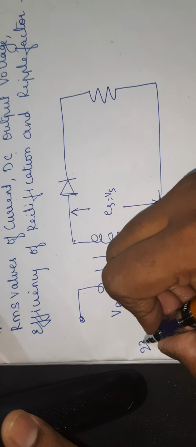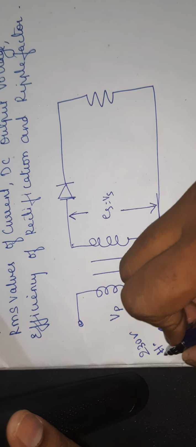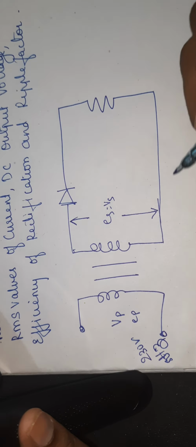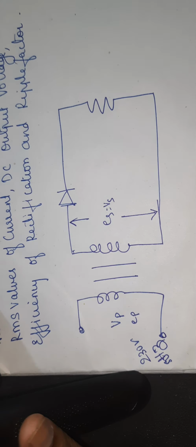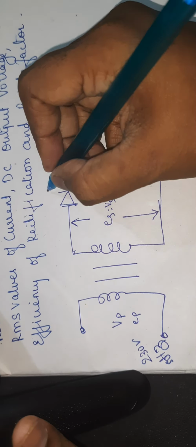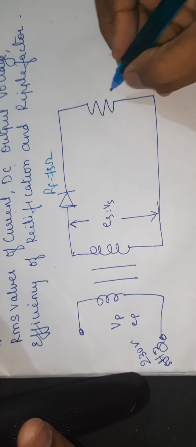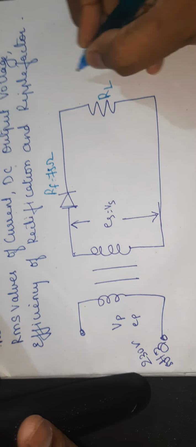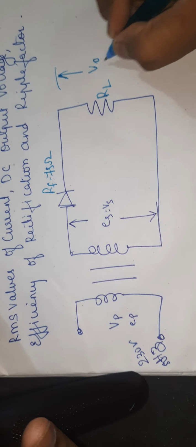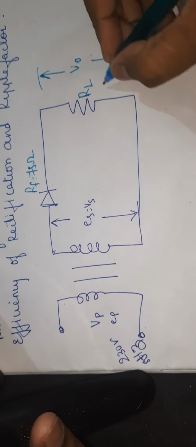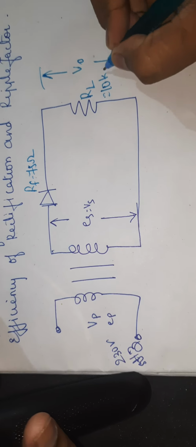It is 230 volts 50 hertz. Diode resistance RF is given as 75 ohms. This is load resistance RL where I will collect my output, where RL is given as 10 kilo ohms.